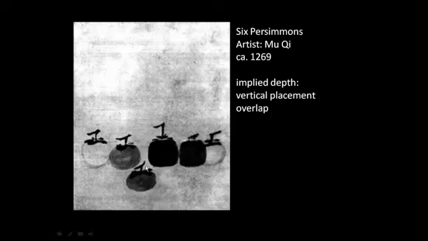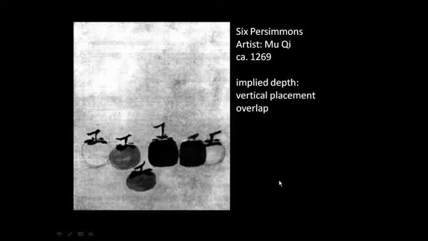Now, vertical placement, basically the idea is that the higher up vertically something is in the composition, the farther back in space it appears. So this row of persimmons looks like it's farther back in space because it's higher up vertically than this persimmon here. Our other technique is overlap, which we see here.